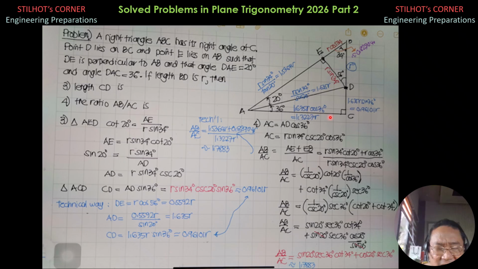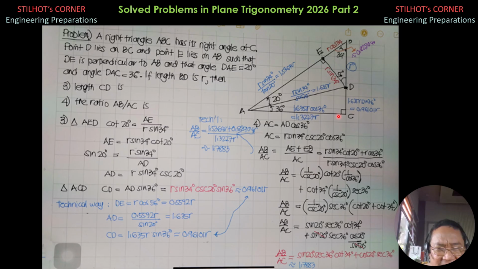Then AC, we already calculated this. This is AD, which is r sine 34 cosecant of 20, then multiply that by cosine of 36. So this is 1.635 r AD, then times cosine of 36, you will get 1.3227 of r.